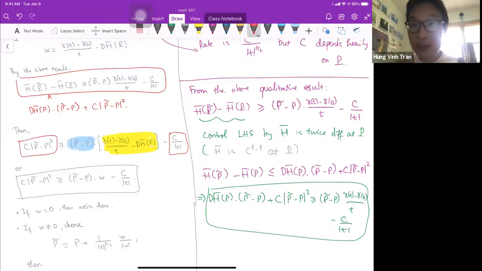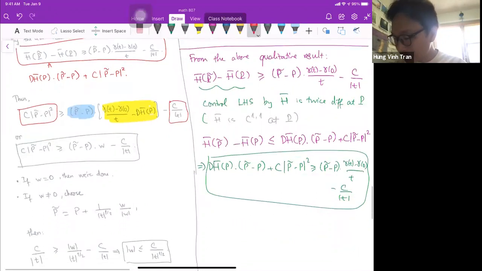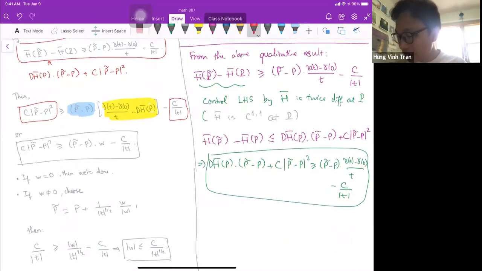You choose P tilde smartly so that it captures exactly the rate, because Cauchy-Schwarz tells me that P tilde minus P squared plus 1 over t is greater than or equal to 2 times P tilde minus P times 1 over root t.